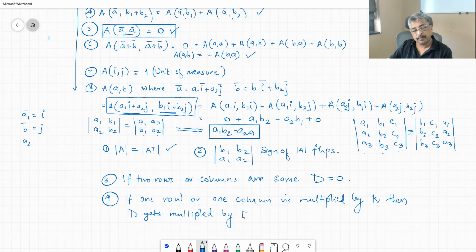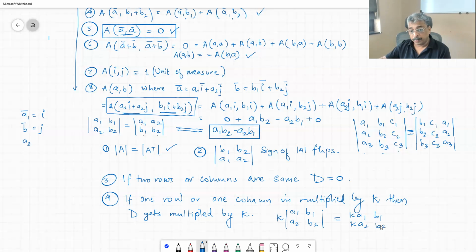Now this is a little different from the matrix. Understand this very well. If I say k times A1, A2, B1, B2, it means K1, K2, B1, B2, or it may mean A1, A2, KB1, KB2. I mean, I can write two more.